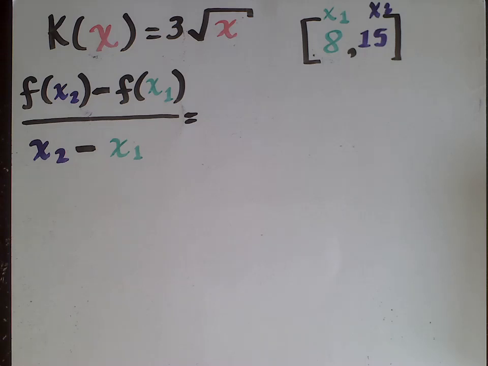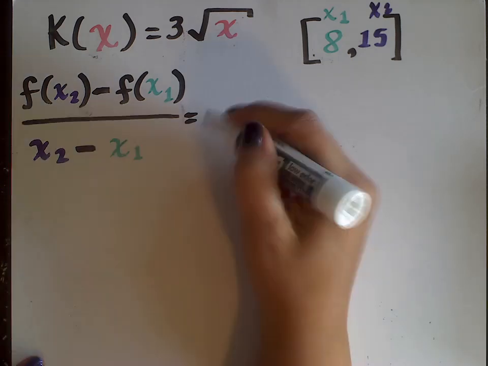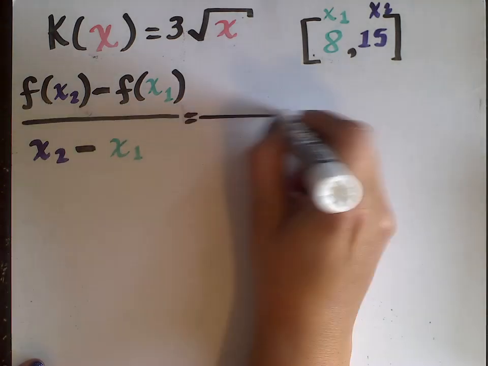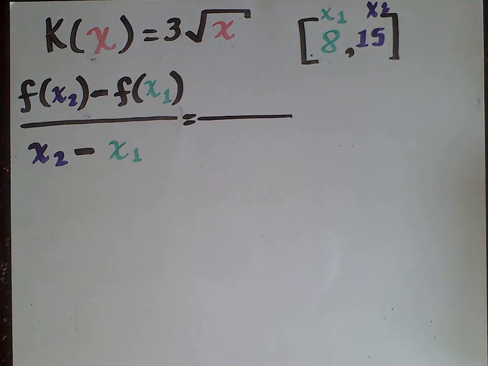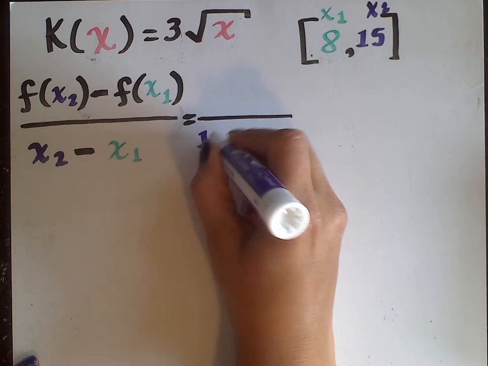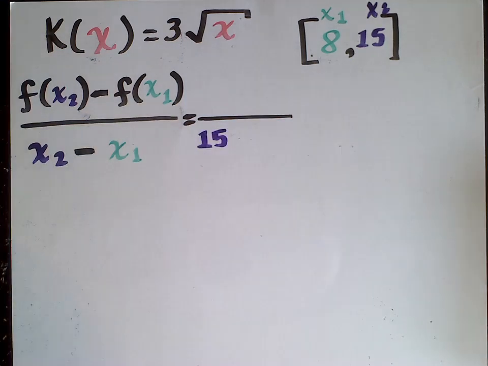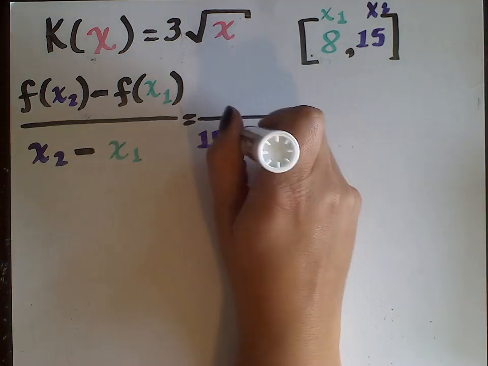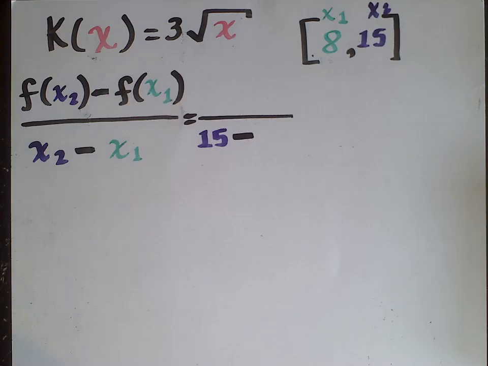Let's begin with the easy part, of course, the denominator, just as we had done before. So, I'm going to get my purple x sub 2, which is 15. And remember, your formula states that you should subtract the x sub 1, which is 8.